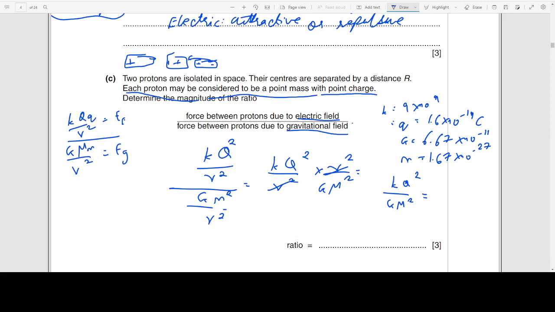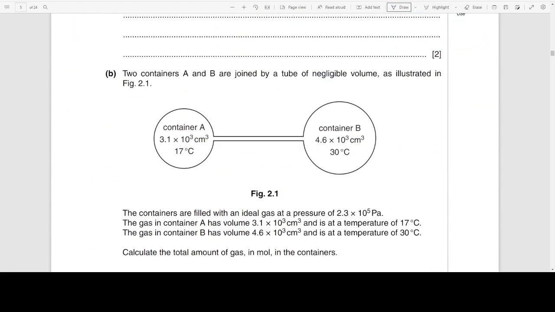Alright guys, so I'm doing the calculation and I get 1.2 into 10 raised to 36. So this is the final answer, guys. Let's move on to the next question.